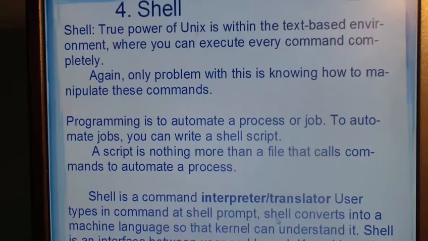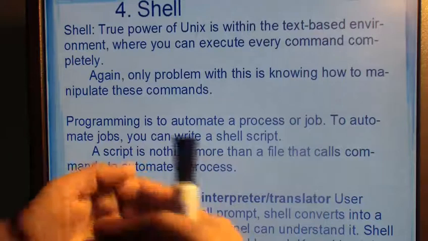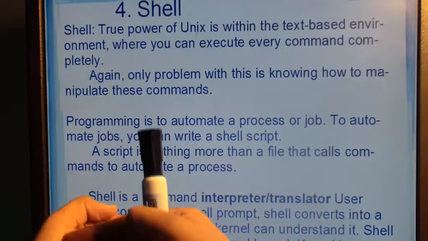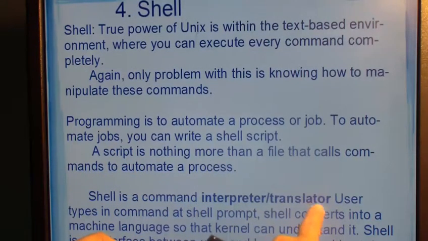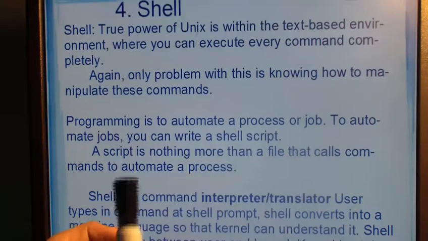Shell is an interface. Interface means something like a translator. Interface between the user and kernel.